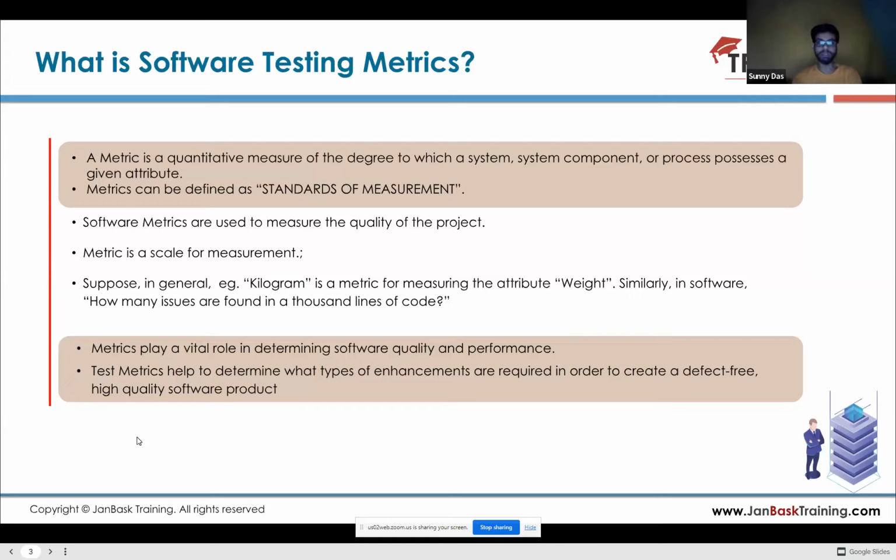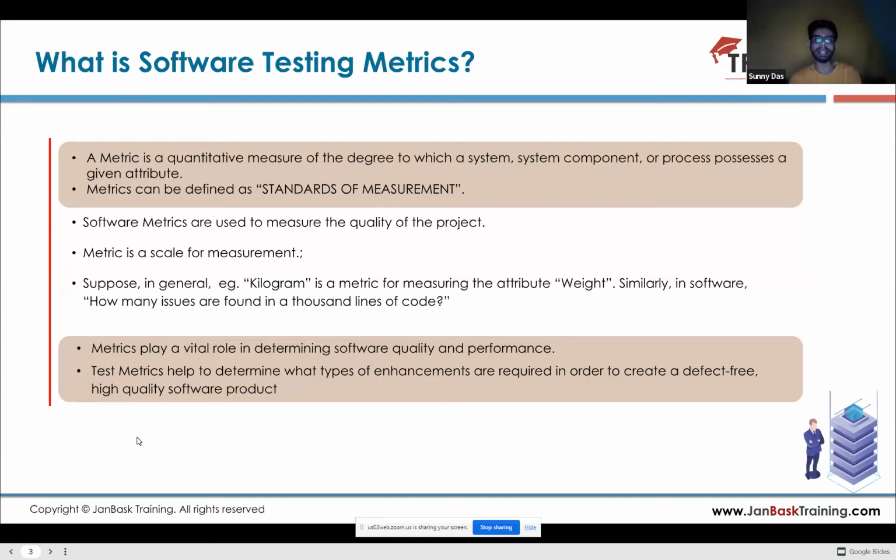So the ratio is pretty high. In that case, a particular audit has to be done, or it has to be checked why so many bugs were missed during your test case execution. So what was the issue?